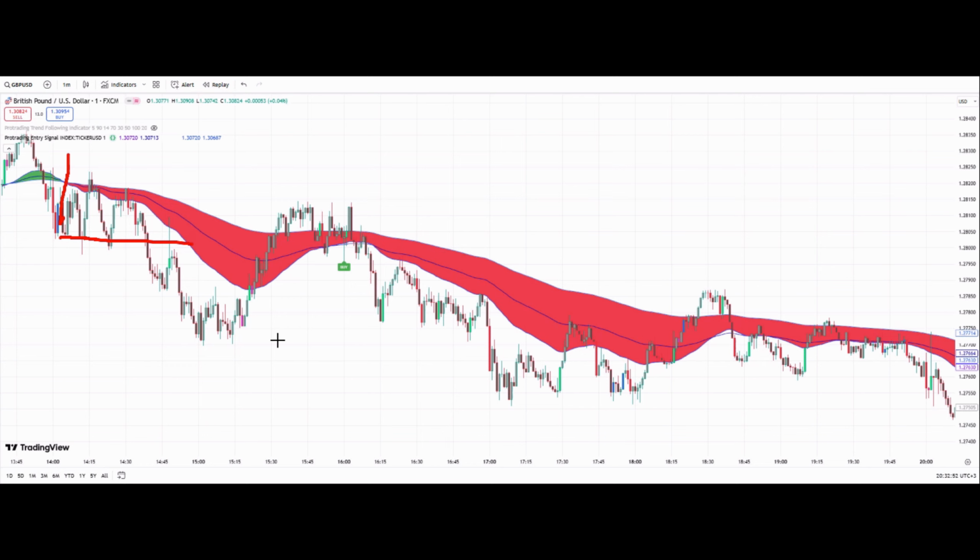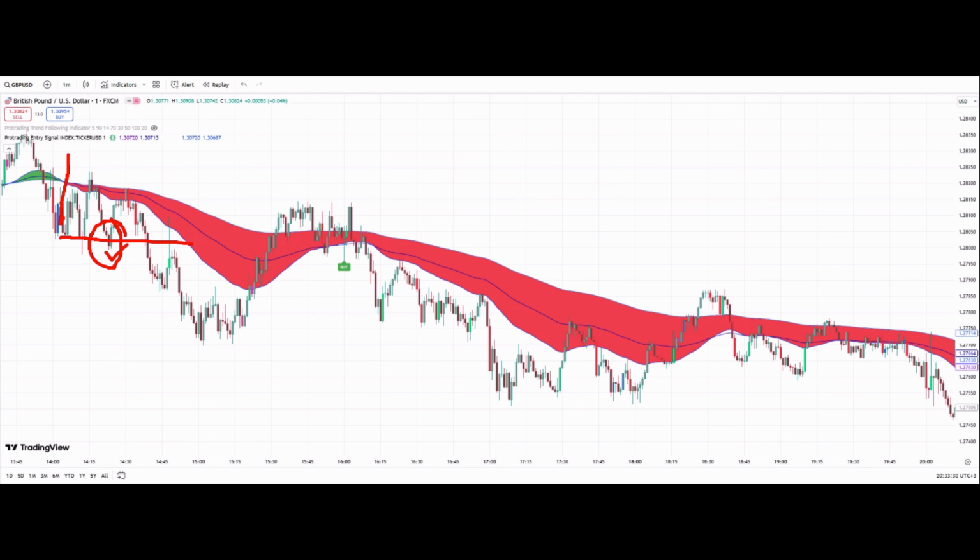We need the price to close below that candle which gives us the signal. Once price closes below it, this is the point at which you place your pending order, on the tip of the candle which gives us the signal. Once it crosses here, it will trigger your trade.